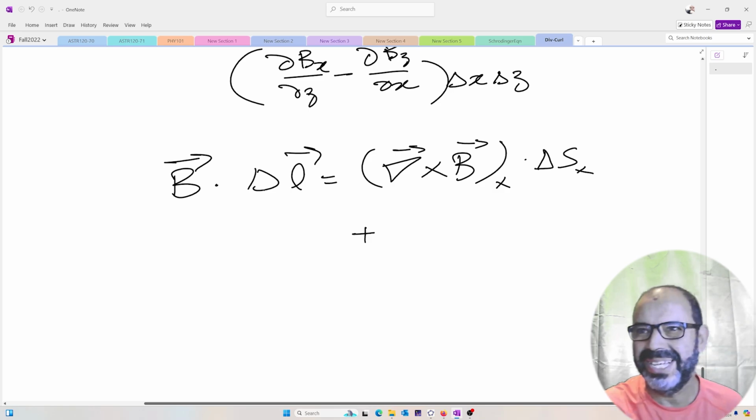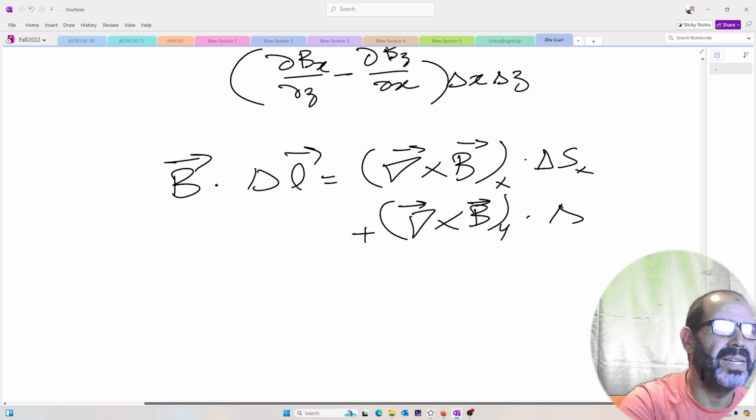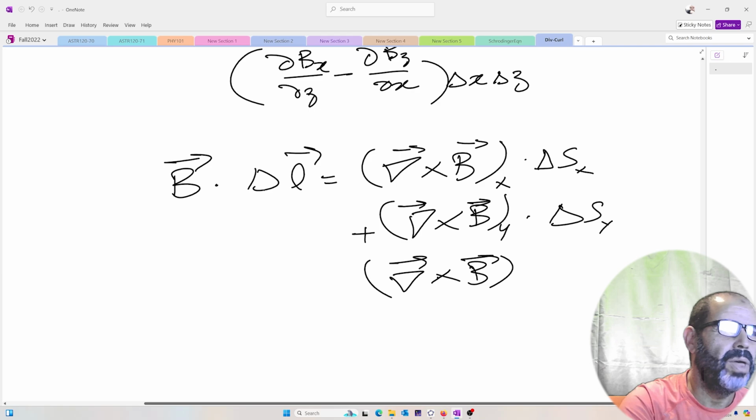No, I did not do the x component, so you're going to finish that for yourself. But I did the y and the z components. So this is the y component times the size of the area in the y direction, plus the curl of B in the z direction times delta s z.